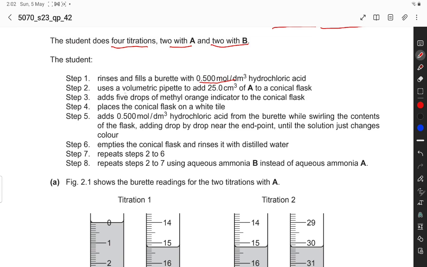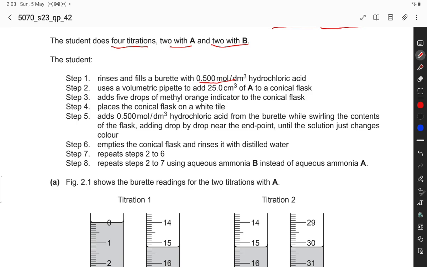Please keep in mind, don't use distilled water to rinse the burette. Always rinse the burette with the liquid which is used in the experiment.